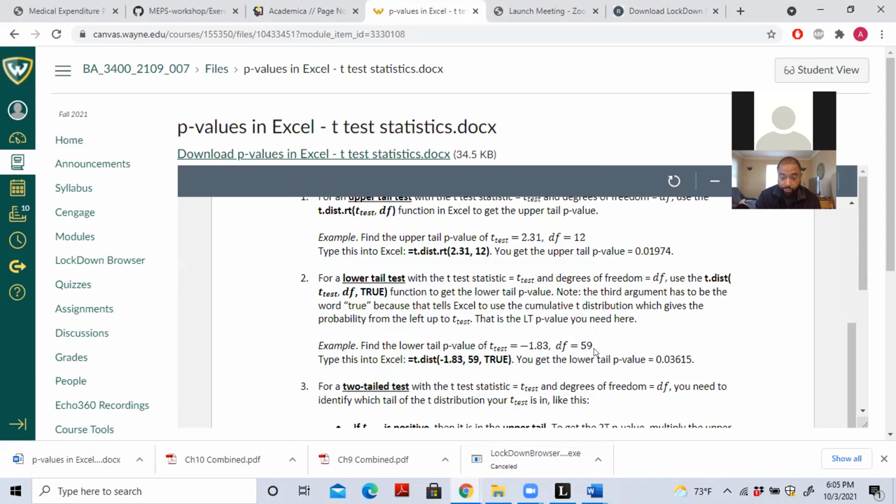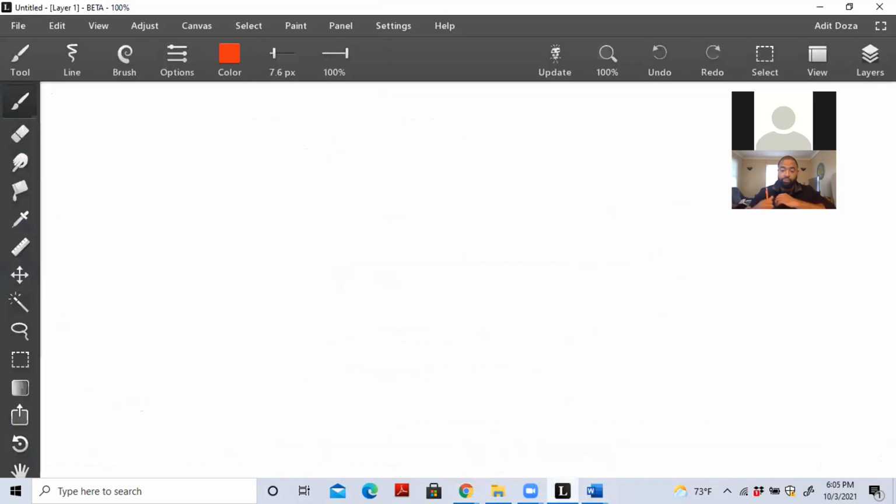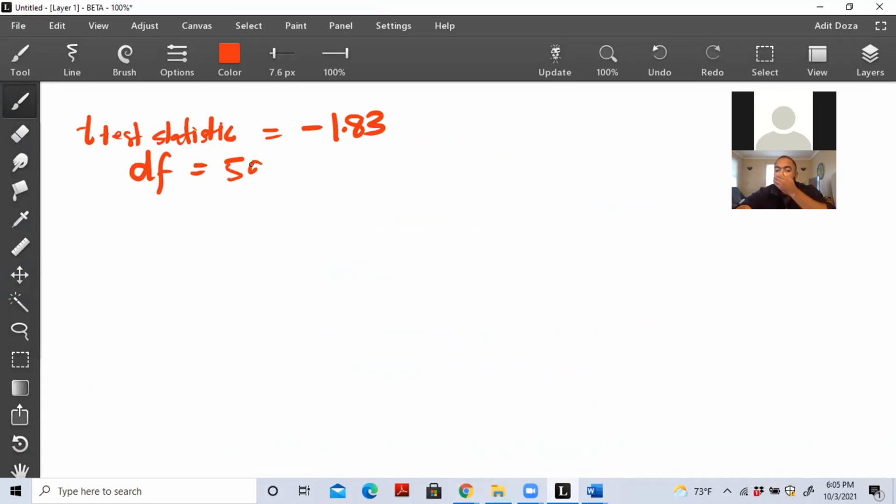What is the p-value? So the question will be something like this. The t-test statistic is given as negative 1.83, and the degree of freedom equals 59. I can ask what's the p-value for this case.